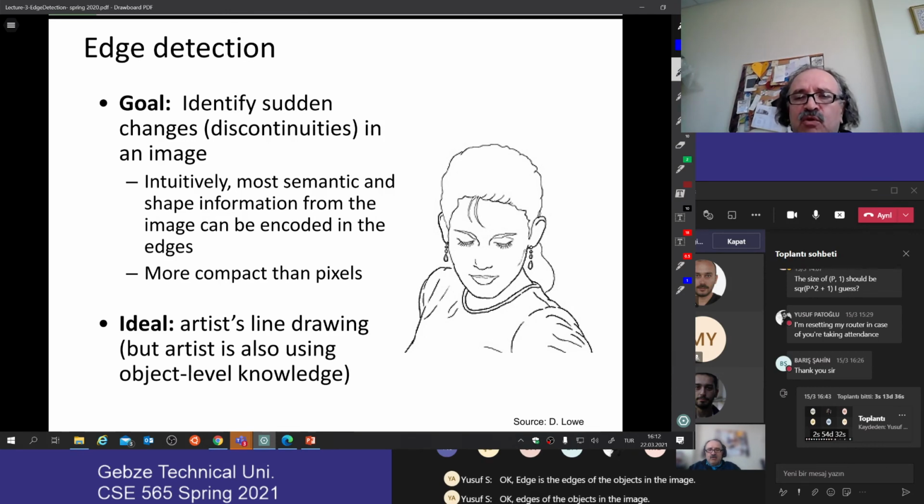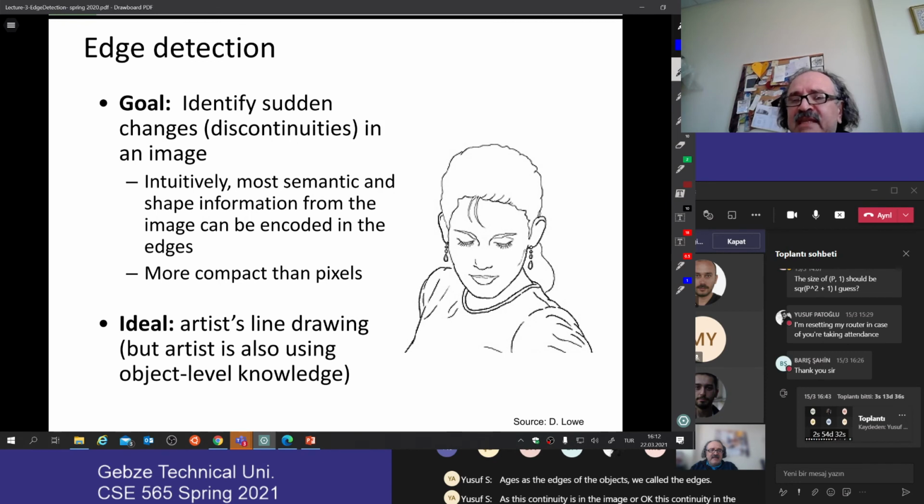But in computer vision or image processing, we don't call edges the edges of the objects. We call them discontinuities in the image.